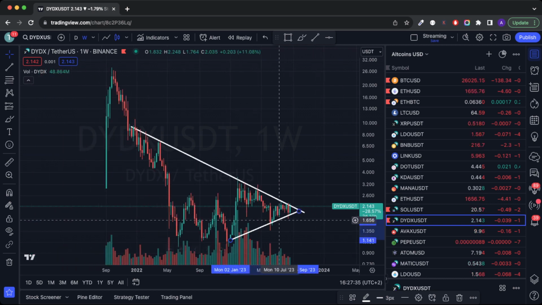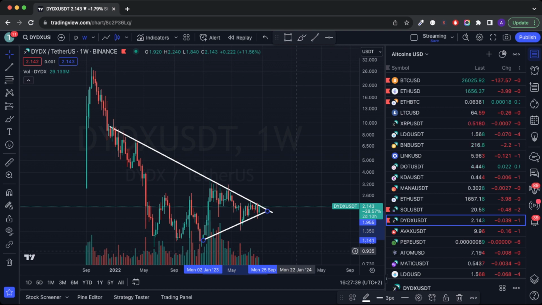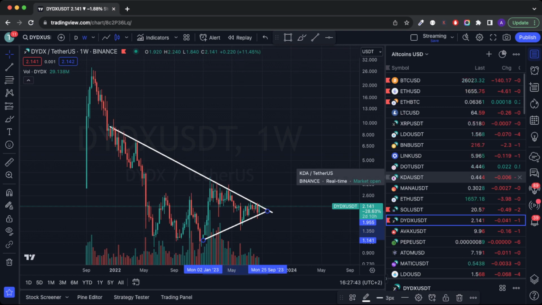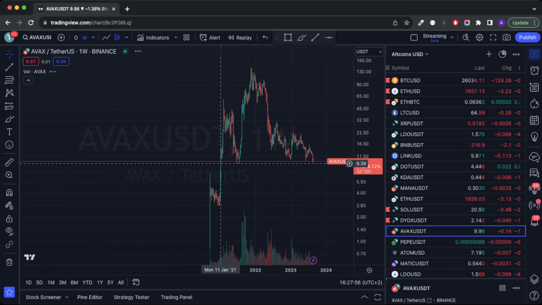I would wait for this triangle to resolve, just to see the direction. But as I said, as long as we have Bitcoin weakness in general, you don't want to long altcoins, even against US dollar. It's not the best scenario.